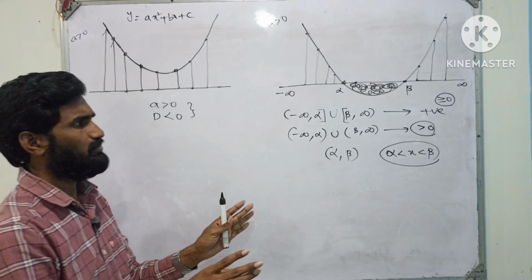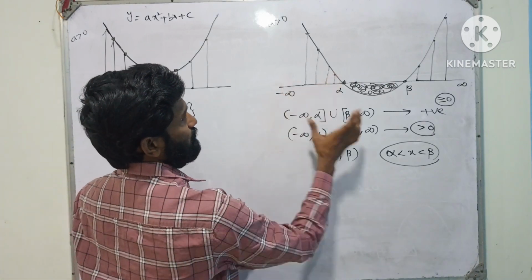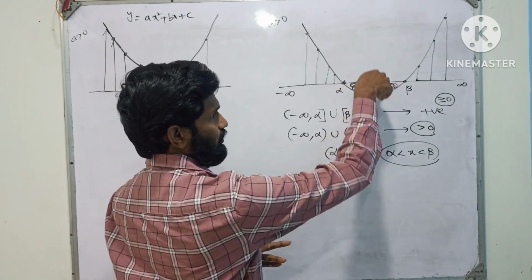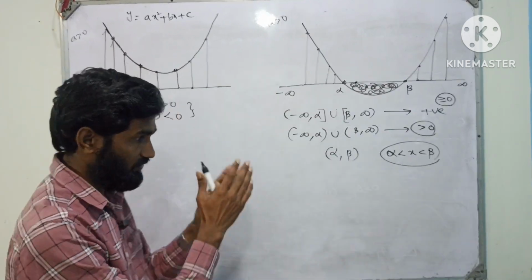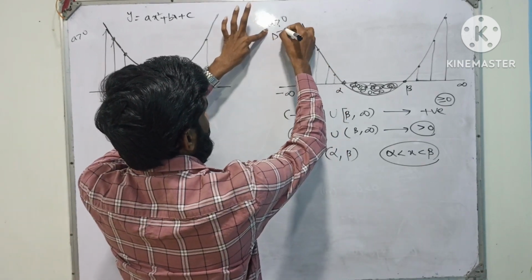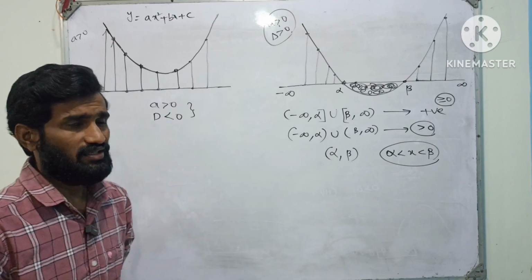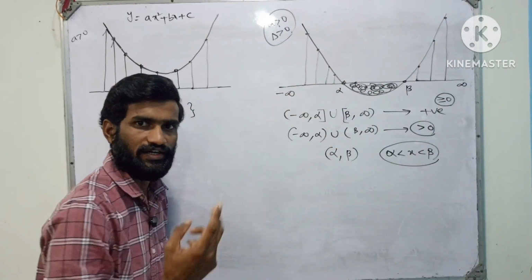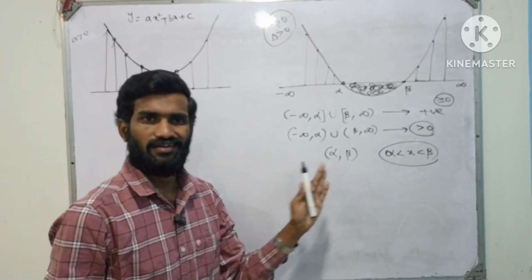Very simple. Here you are getting positive, here positive, and in this you are getting negative, from here to here. This is when a is greater than 0 and discriminant is also greater than 0. For this case, discriminant is greater than 0, and you can check alpha comma beta, the two roots we are getting.